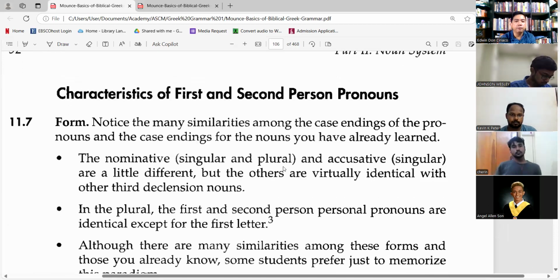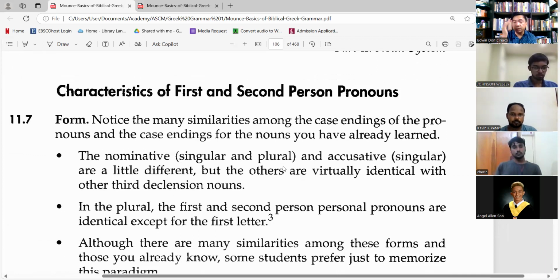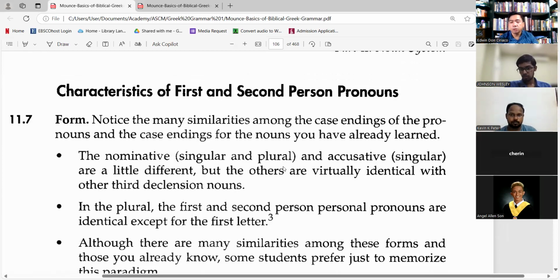The nominative singular and plural accusative are a little different. The others are virtually identical with other third declension nouns. Unlike the third person autos, where it is the same word but the suffix changes according to the os, e, on ending: on, os, ois, ous.